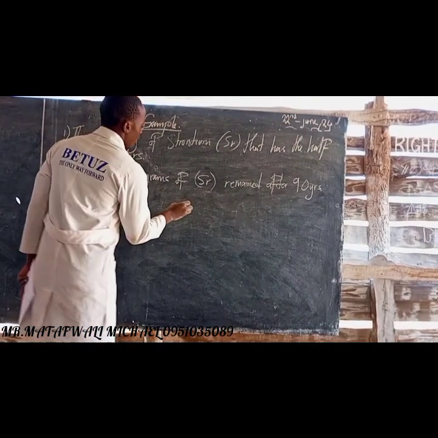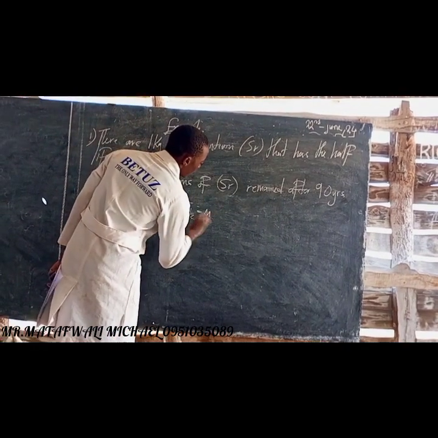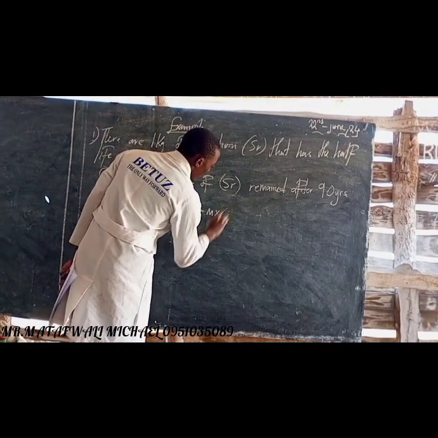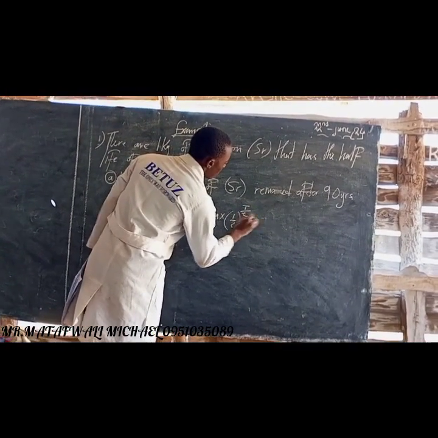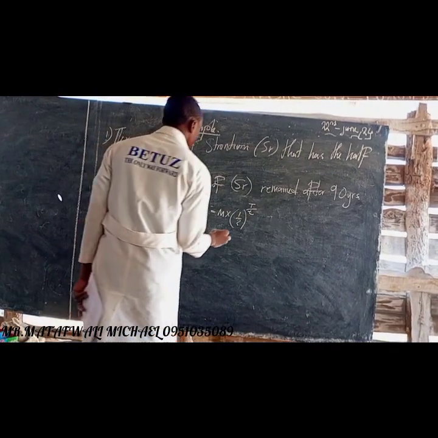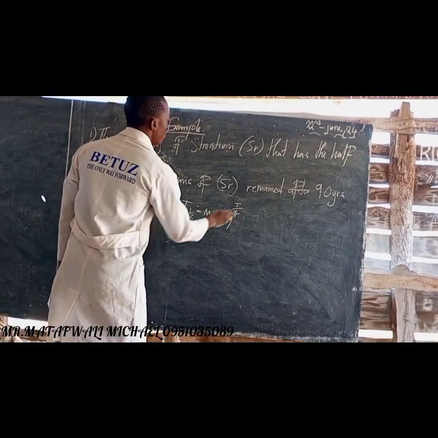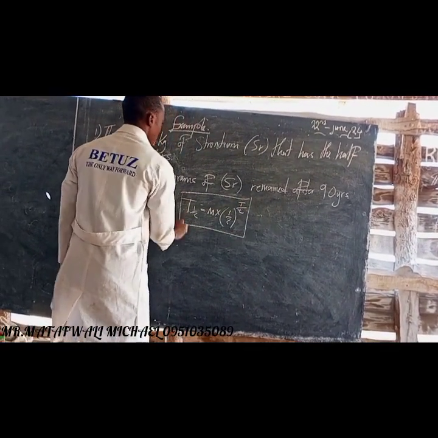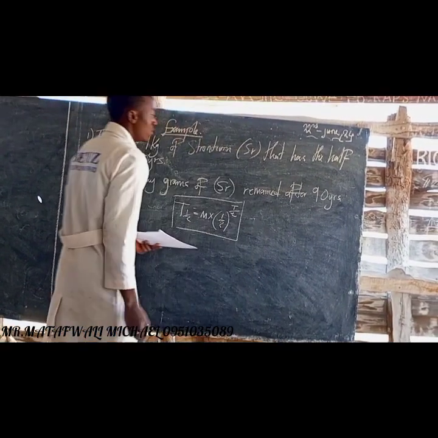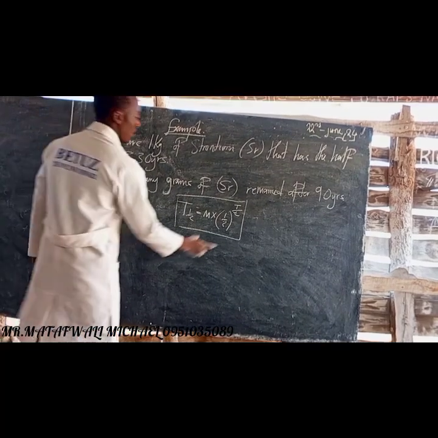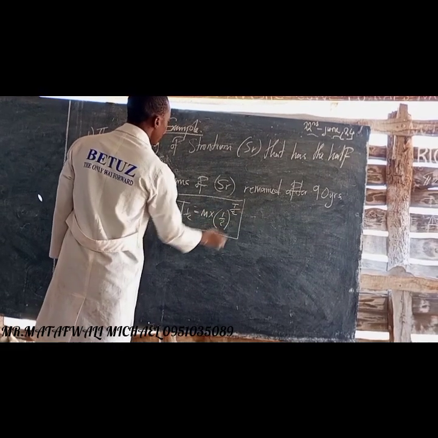So if you want, you can use the formula, which is the material multiplied by half, then period over time. Or if you don't want to use this equation, there are also some other ways which you can answer this question. But first, we have to know the meaning of these initials.